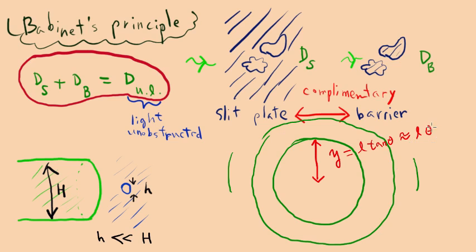Because sine theta is about theta, we can say d theta equals 1.22 lambda. So then this theta becomes, so d in this case is h, small h, 1.22 lambda over h. And I'm going to throw away that 1.22 for qualitative discussion here. What we're really after is the order of magnitude. And so it's approximately on the order of L lambda over h.